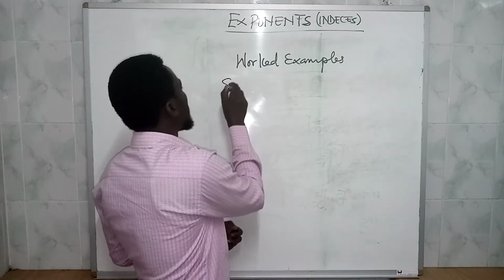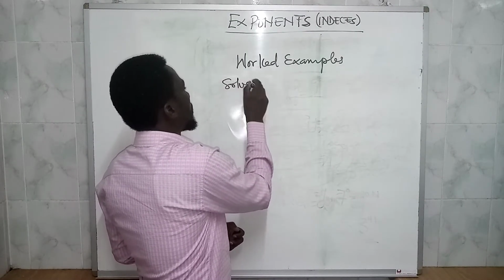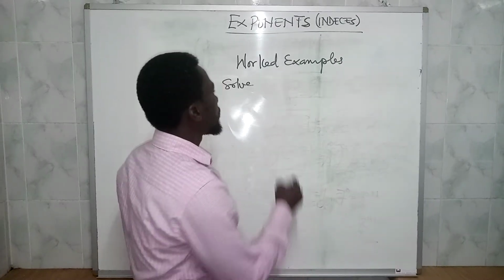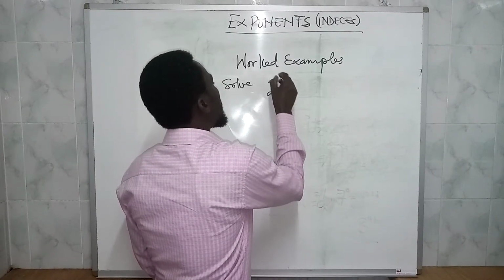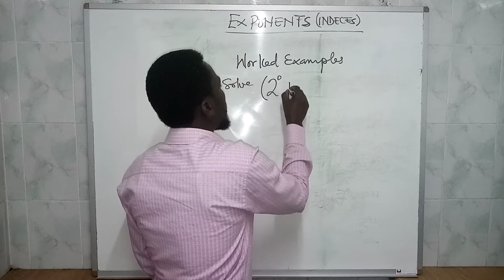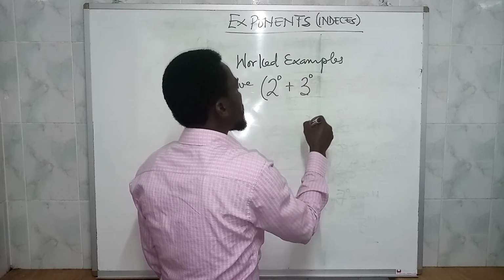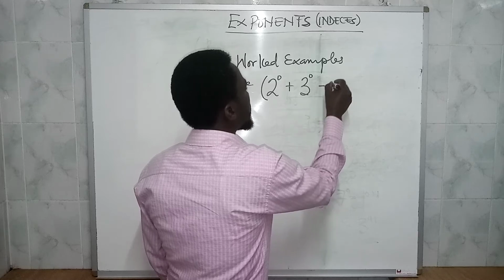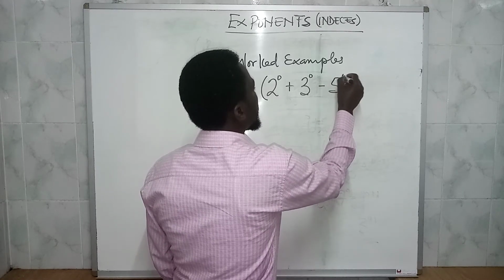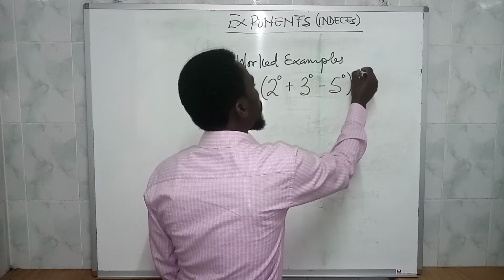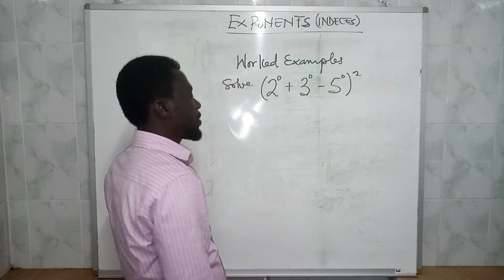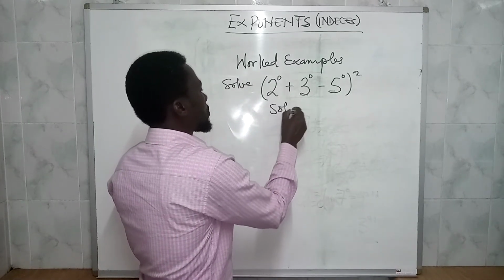This one says solve 2 raised to the power 0 plus 3 raised to the power 0 minus 5 raised to the power 0, all squared. This is what we have. So let's look at the solution.